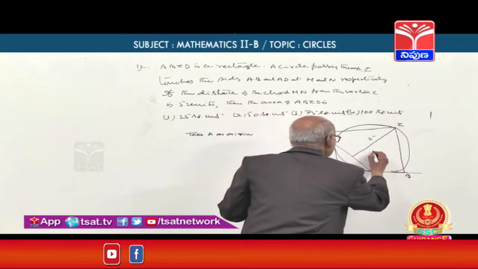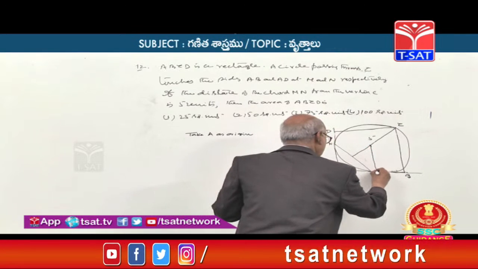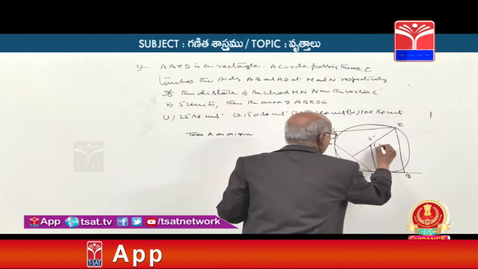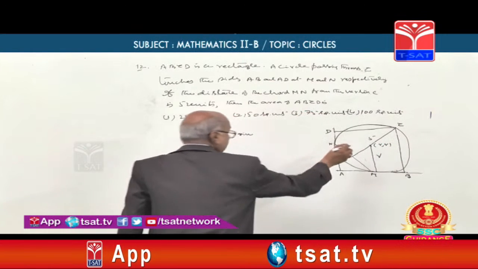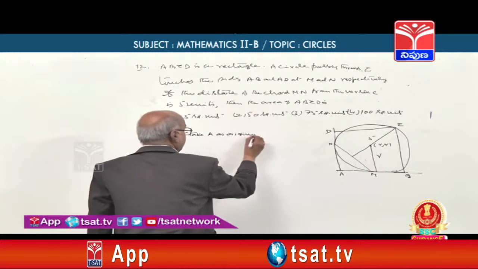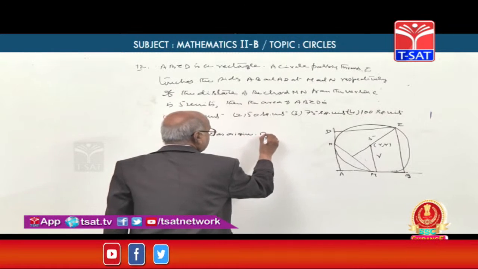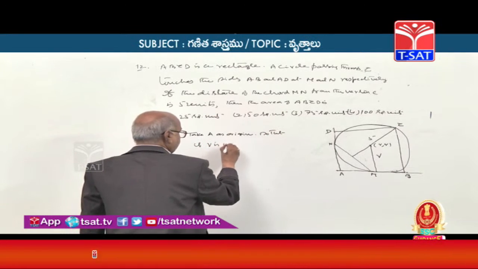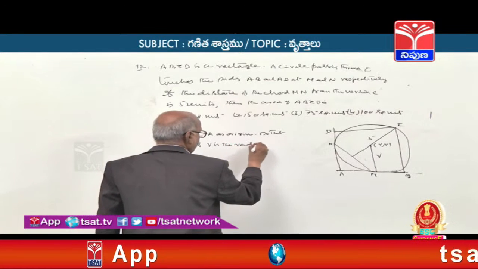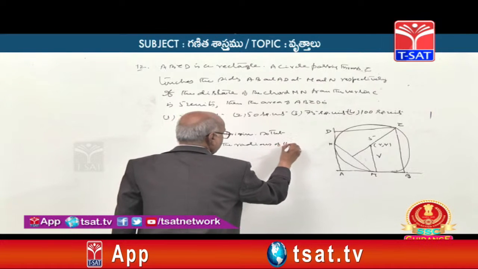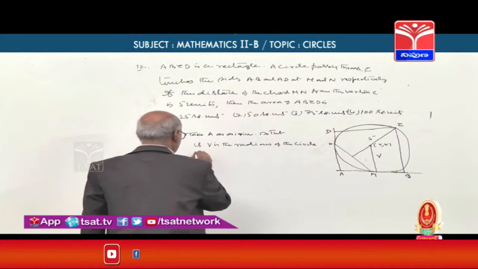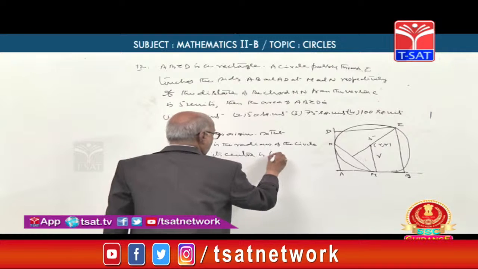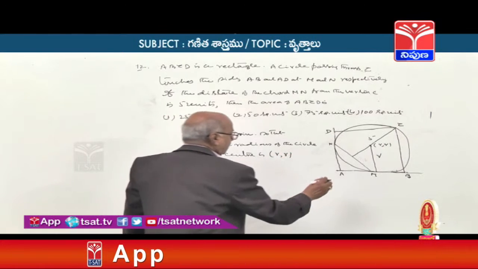And you know that the radius of this circle will be R. Take A as origin, so that if R is the radius of the circle, then its center is R comma R.